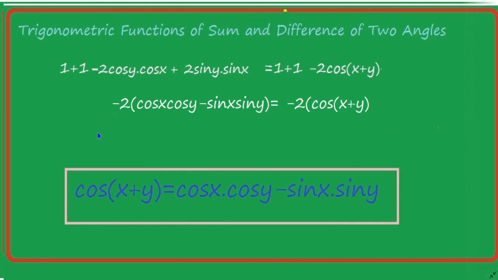And finally we have this result: cos(x+y) is equal to cos x cos y minus sin x sin y. This is the method of proving cos of (x+y) is equal to cos x cos y minus sin x sin y.